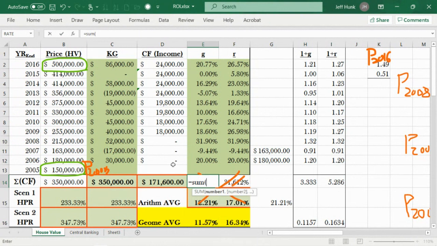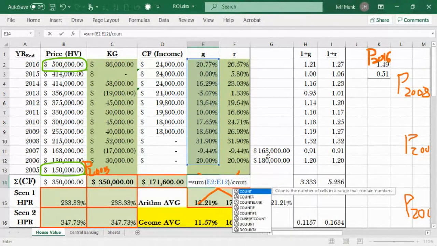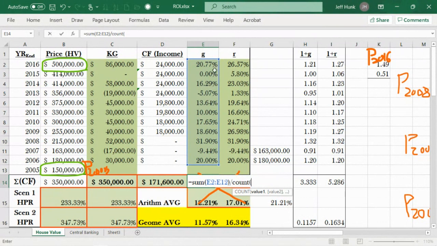You can sum everything, because those are annual returns, and divide it by the number of data points. There are 11 data points, right? So that's 11 years, but just to make sure, how many data points are there? It will be 11.